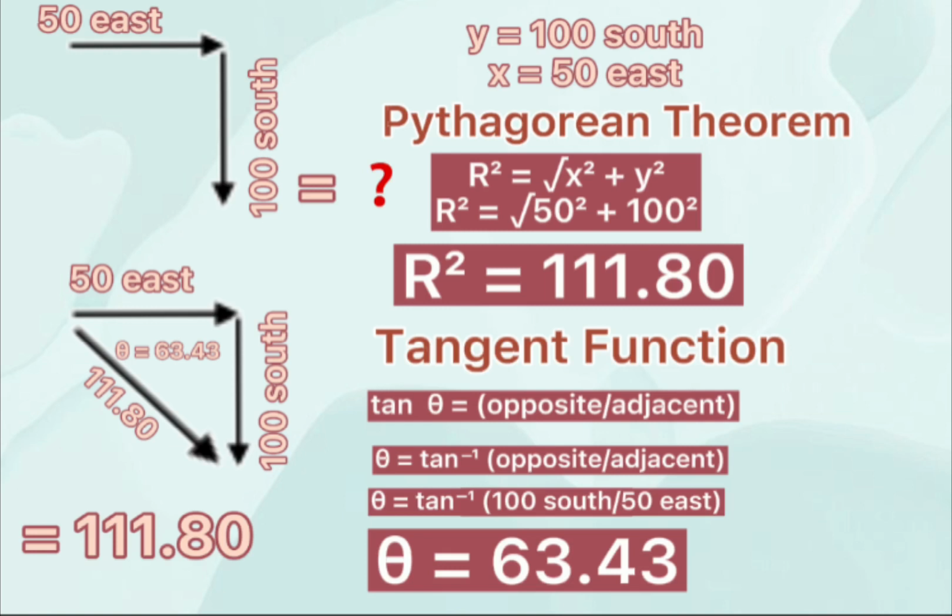R is equal to the square root of 50 squared plus 100 squared. The answer will be 111.80. And now, we will solve for the magnitude. By using the tangent function formula, inverse tangent of the quantity 100 over 50 is equal to 63.43.